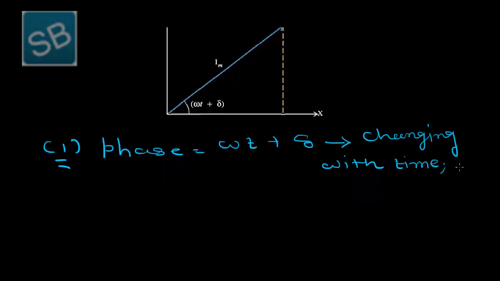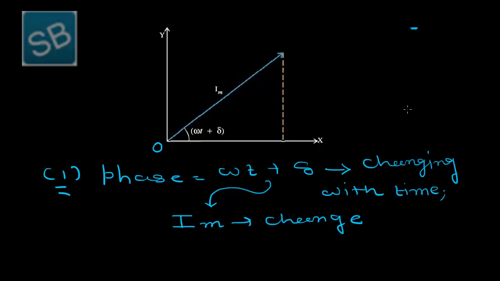Also, when this angle is changing with time, with respect to origin O, the direction of Im will also change. Due to the change in the phase quantity, the vector drawn in this figure is not steady.